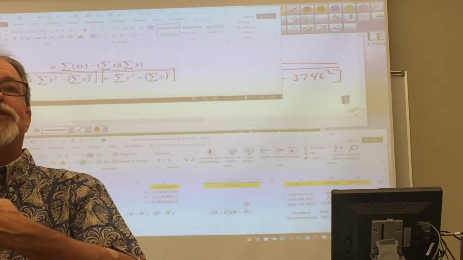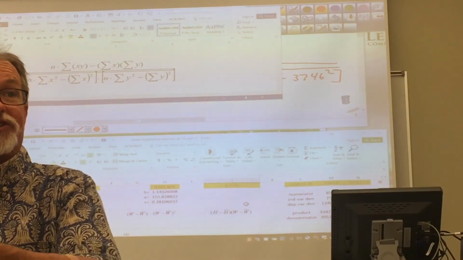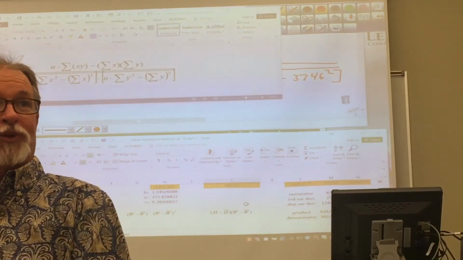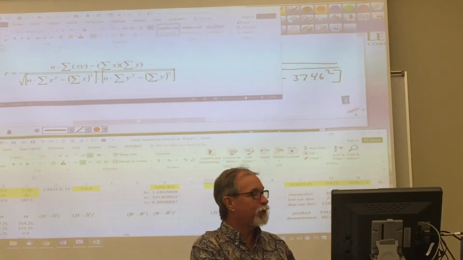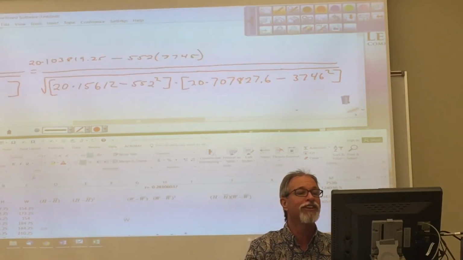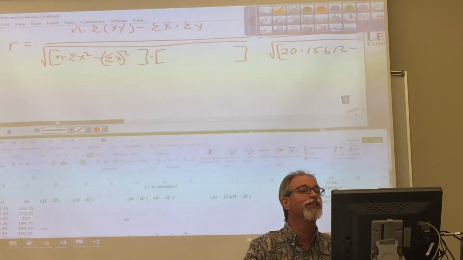This is why I say if you just go out to the internet and Google something, there's a bunch of different formulas for it. But there's a different formula for this that gives you the same answer.